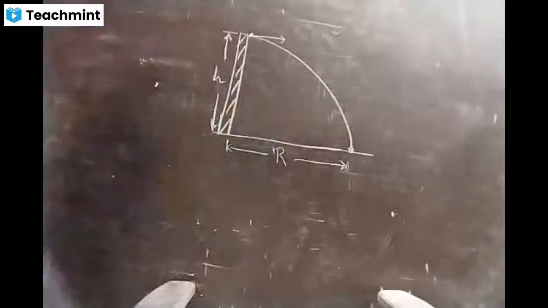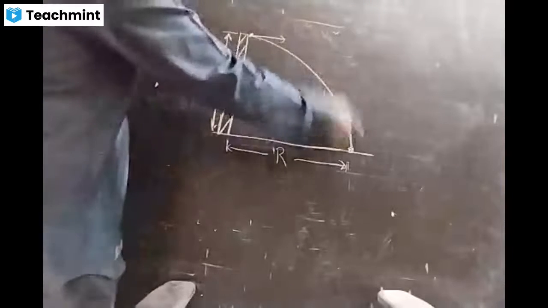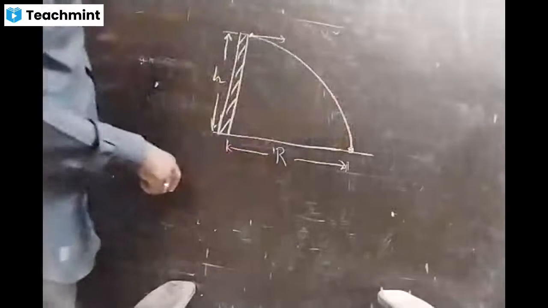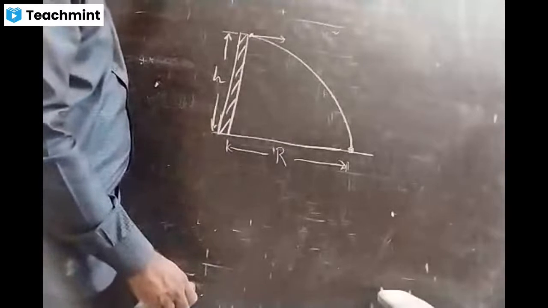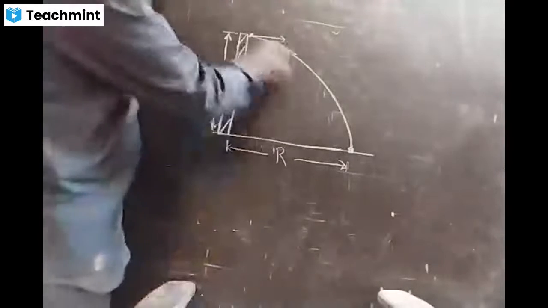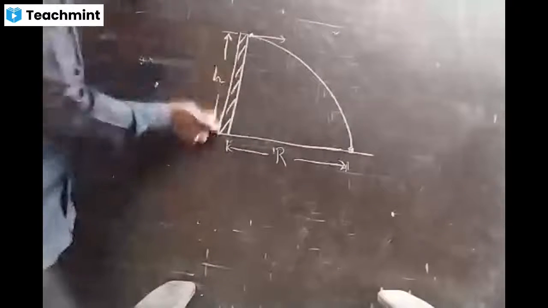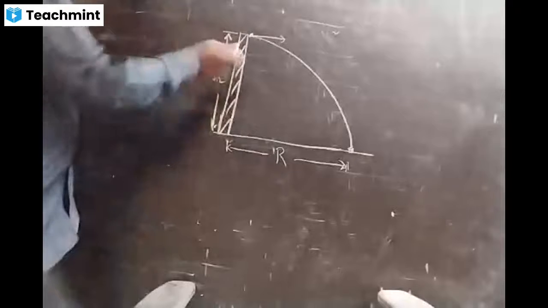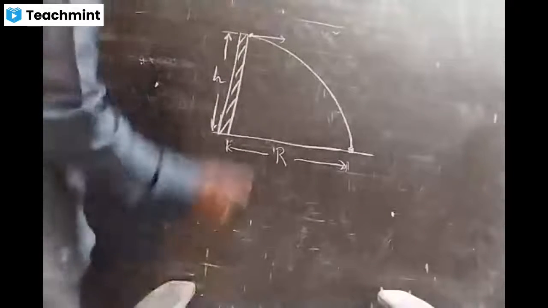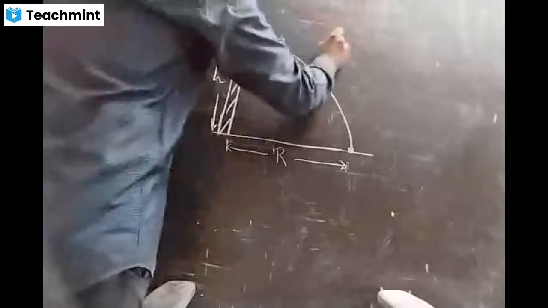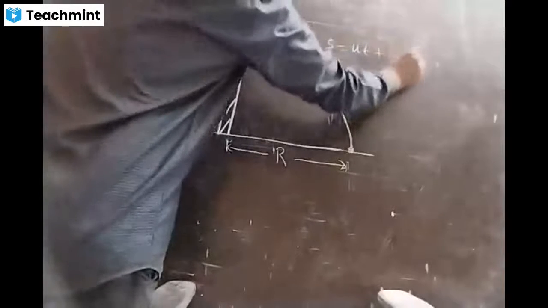Let us find out the time of flight in this case. Let me use the equation s is equal to ut plus half at square. When it is coming down, what is the vertical distance covered? H. Minus h, because it is coming down.